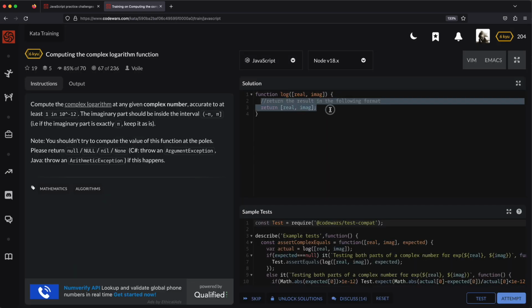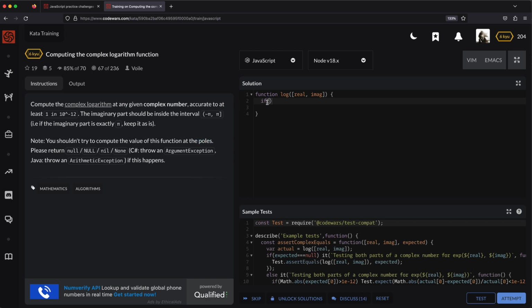The thing that we need to do, as it says, is return an array of 2 items. First I need to check the bounds as said here, at the poles, this part.